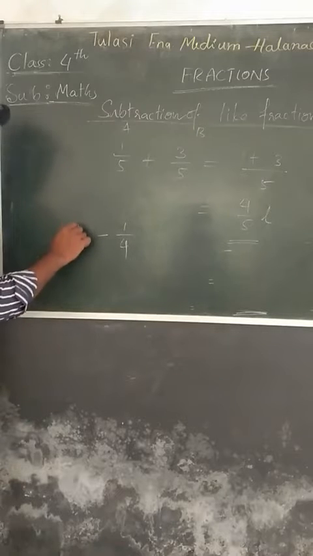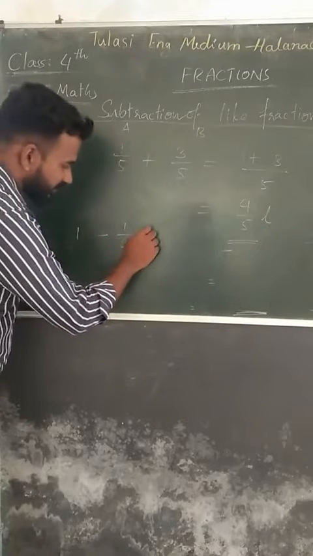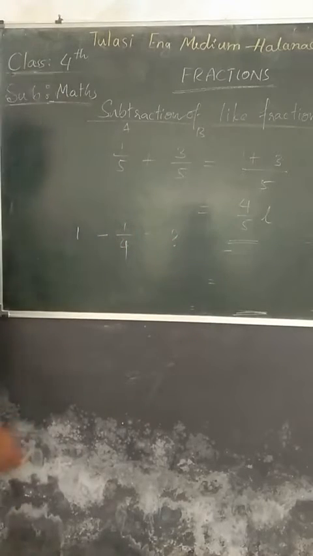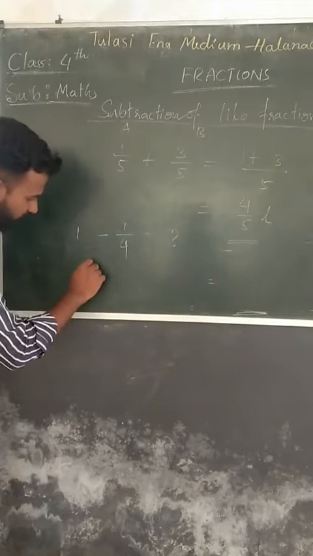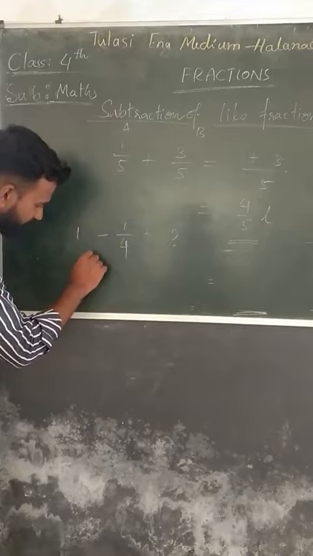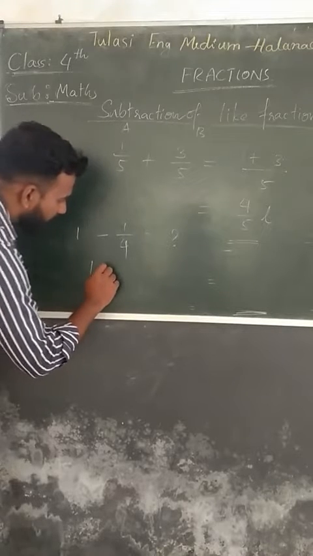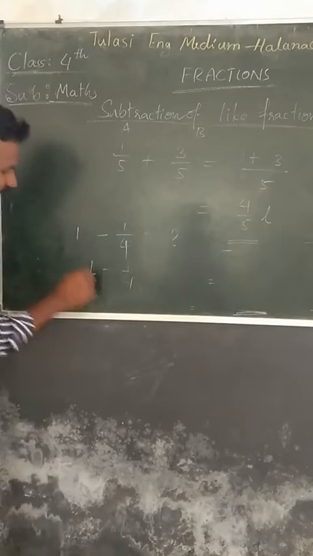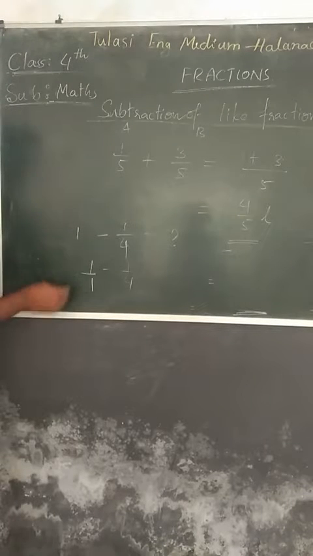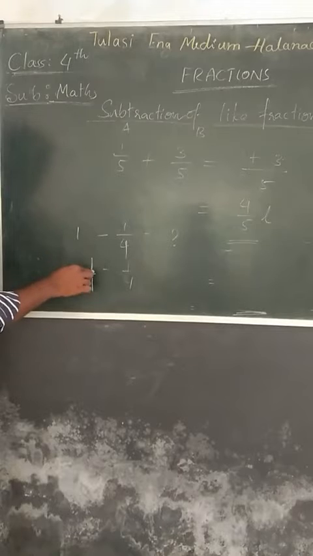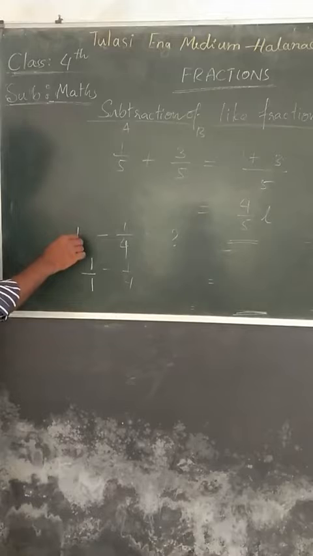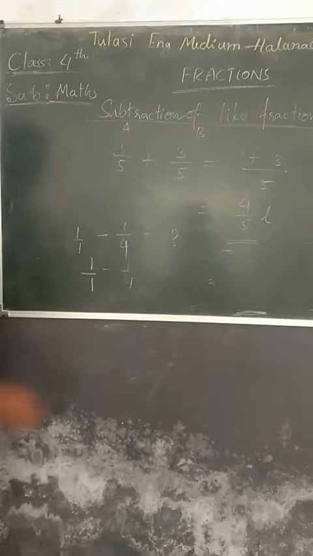Earlier it was 1, 1/4 was eaten, the remaining how much? 1 by 1 is also the same as 1. For every number there is a denominator 1. If it is a whole number, the denominator is 1.